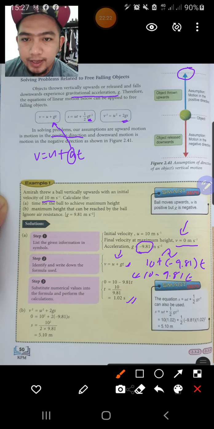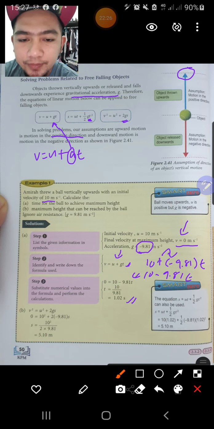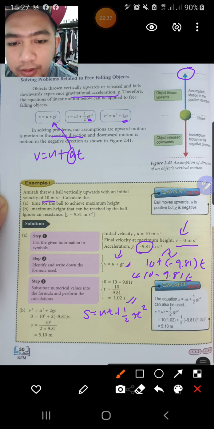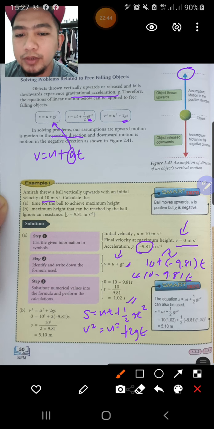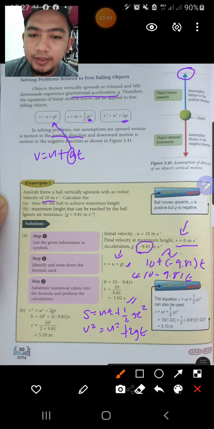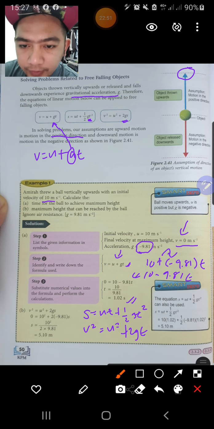Question B, maximum height that can be reached by the ball. So which formula has s? Okay, there are two s formulas. Either you use s equals ut plus 1 over 2 gt square, or v square equals u square plus 2gs. So you can choose either one, depending on the information that you have. So here we use v square.